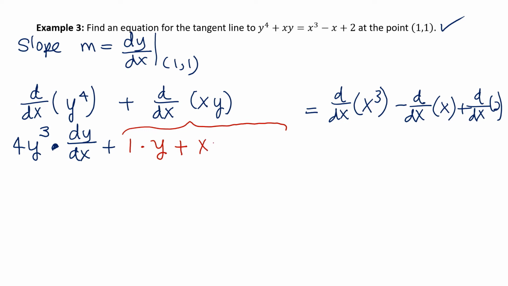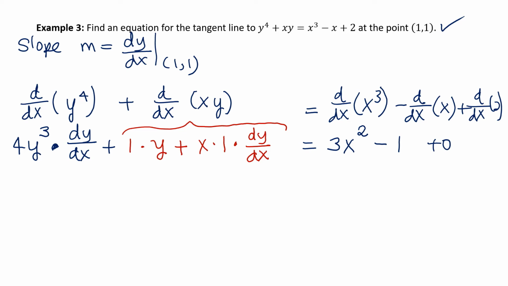The derivative of y is 1, but every time you take the derivative of y, you have to multiply it by the derivative of the inside function, dy/dx. The derivative of x cubed, bring the 3 down, x and 1 power less than the exponent would be 2, minus the derivative of x is 1, and it's not necessary at all for you to write that the derivative of the constant 2 is 0.